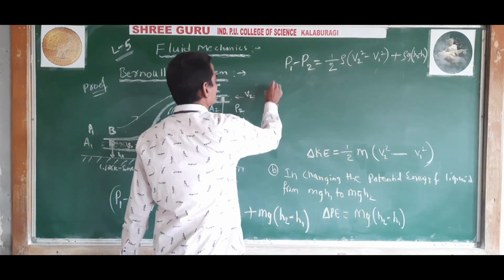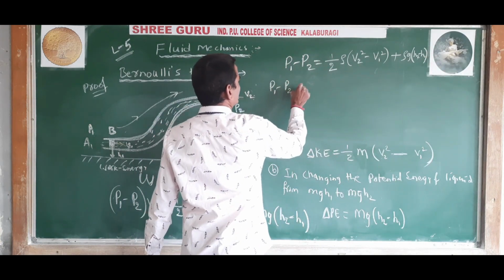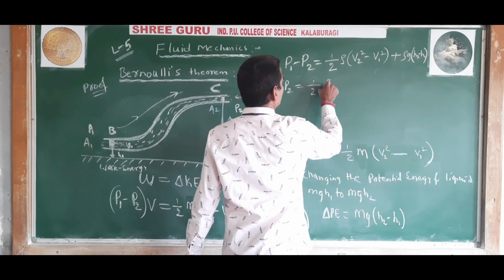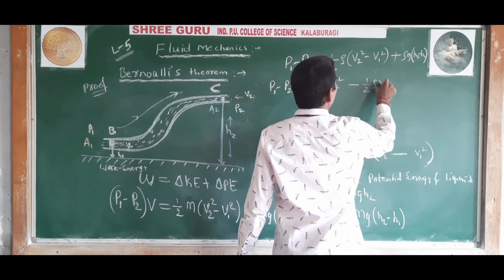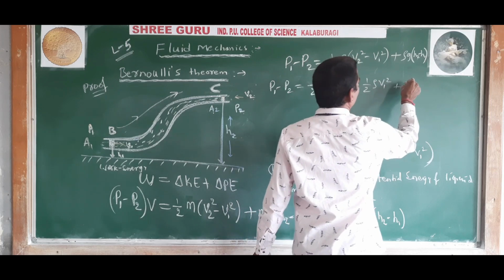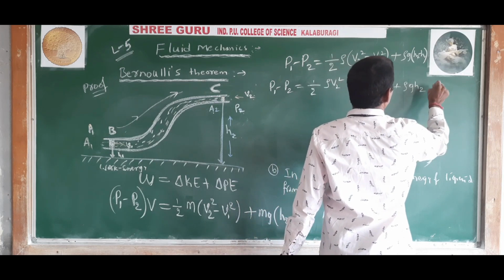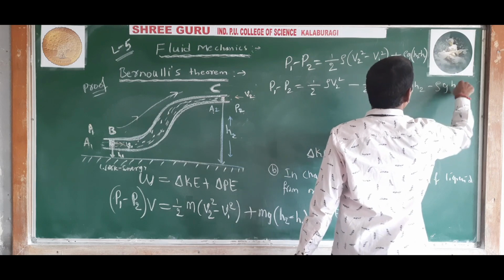Now open the bracket. P1 minus P2 is equal to 1/2 rho v2 square minus 1/2 rho v1 square plus rho g h2 minus rho g h1.